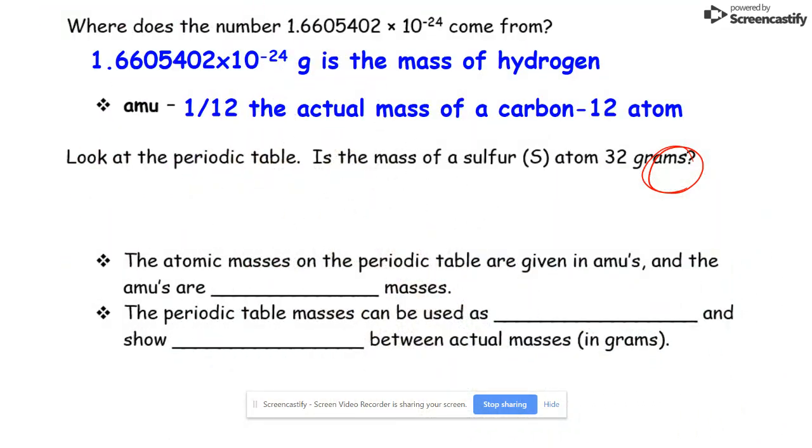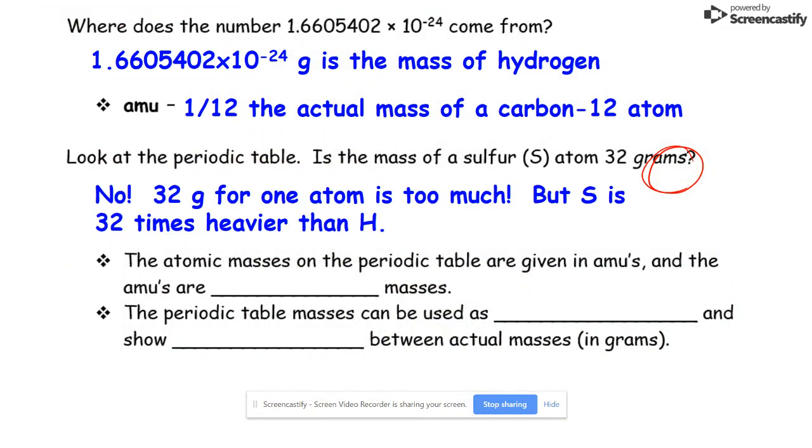And so what this really is saying is that 32 grams for one atom is just incredibly large. In fact, it's way, way, way too much. But sulfur overall is 32 times heavier than hydrogen.